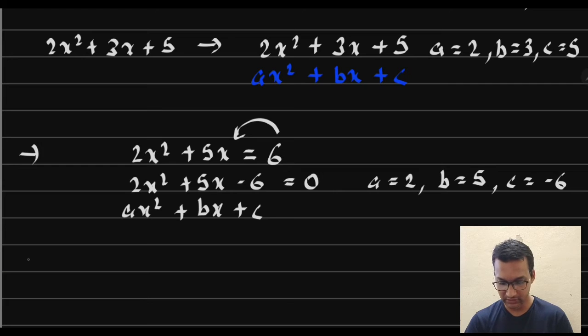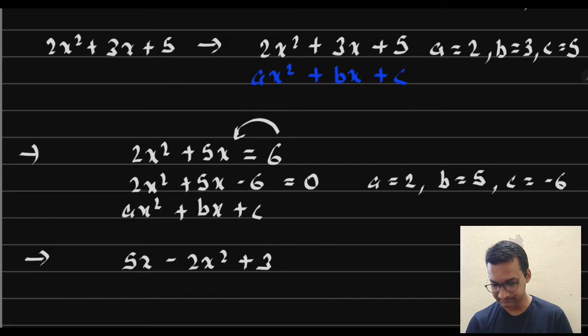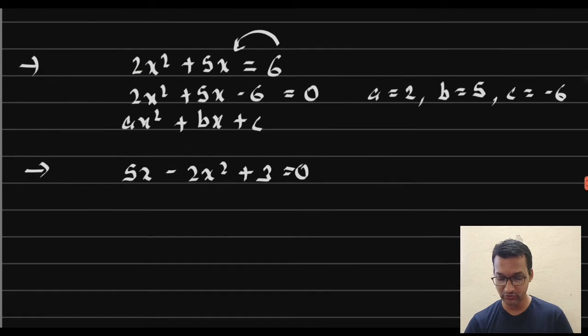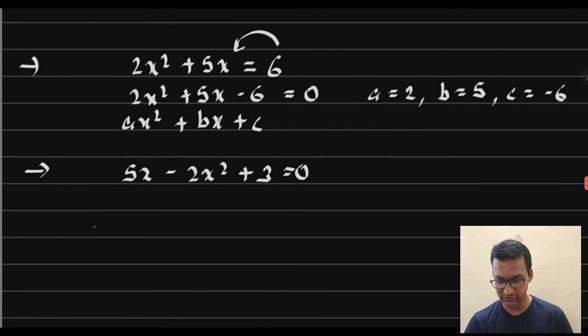Same way the equation could be somewhat like this: 5x minus 2x square plus 3. Again we will have to convert this equation into standard form. As we know, x square will come first, so minus 2x square, x will come second, so plus 5x plus 3.